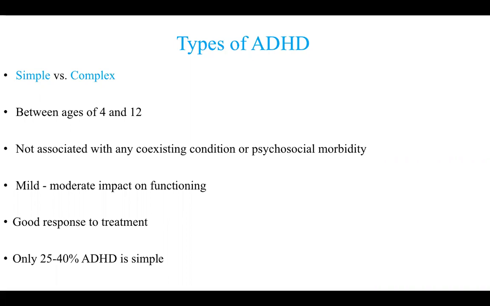So when you have no comorbidity, the age is between 4 to 12 years, the response to treatment is optimal, and it impacts functioning only mildly to moderately in all 3 domains, the community, the home, or the school, then we call it simple. Usually, as a norm, the complex type of ADHD is more common.